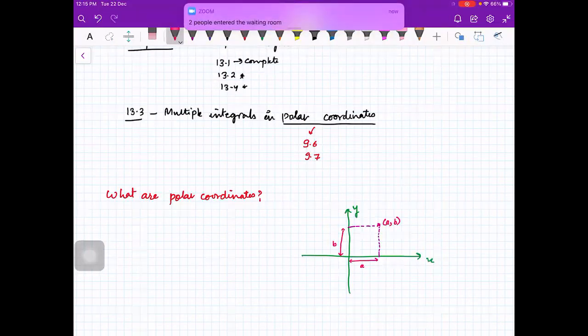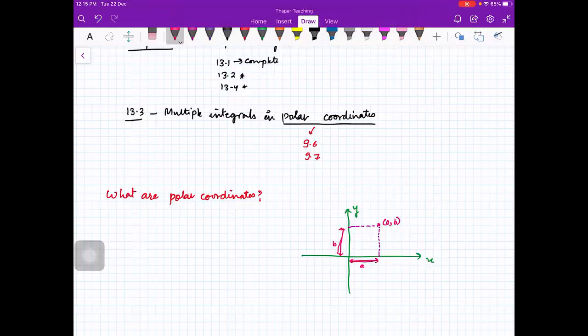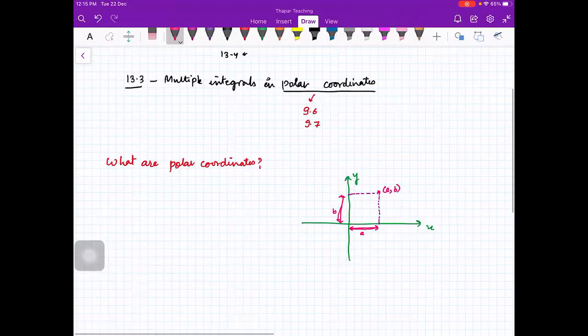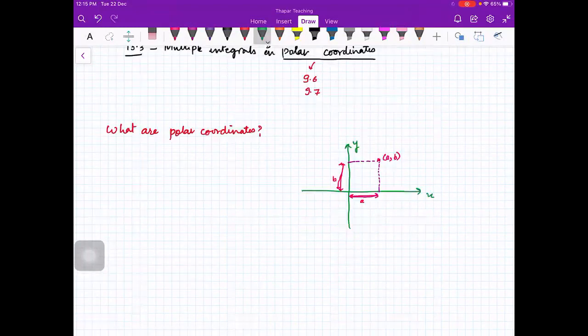So this is how we know that every point in the Cartesian plane has a name a comma b, where a is this distance and b is this distance, right? These coordinates are called Cartesian coordinates.